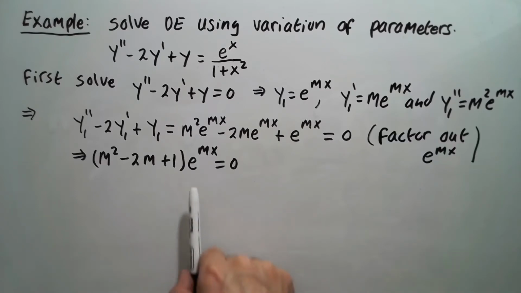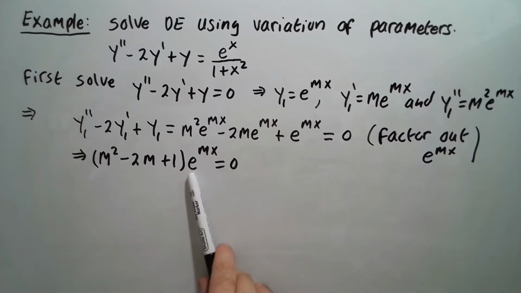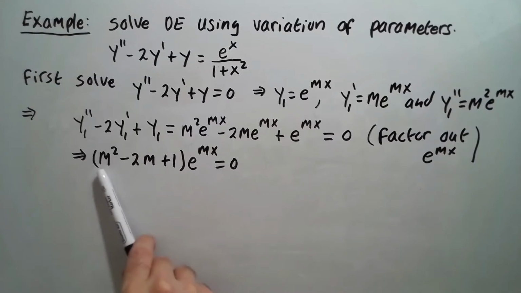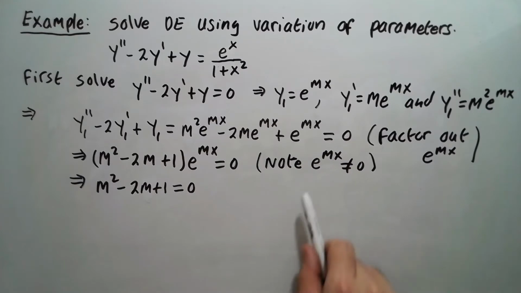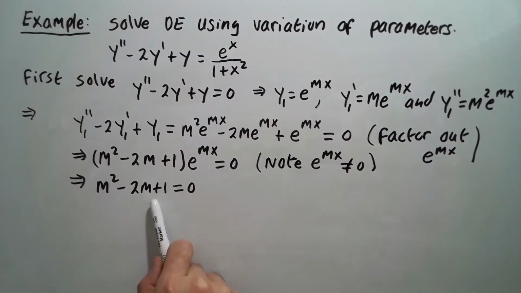And then this has to be 0. The e to the mx isn't 0 because e to any power is never 0. So that means that this quadratic has to be 0.